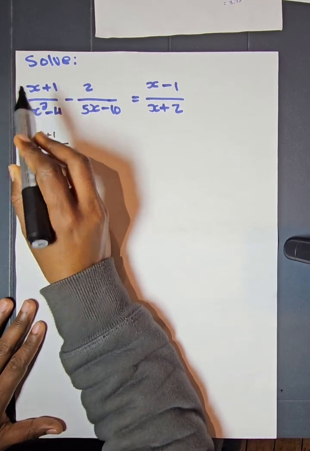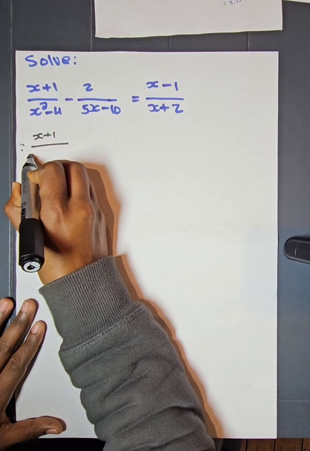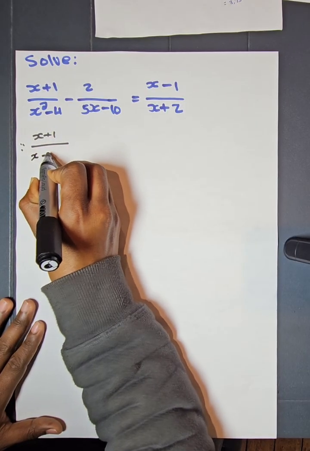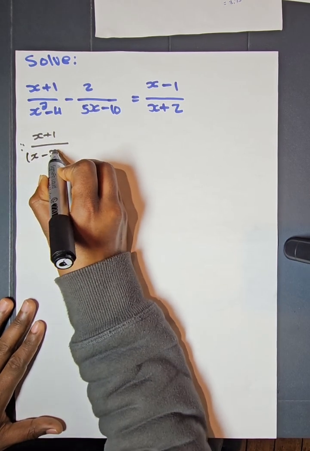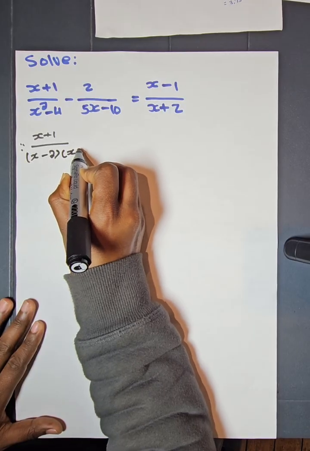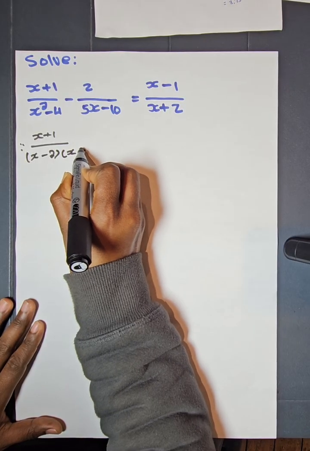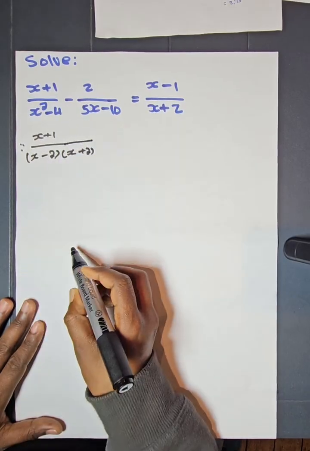I will therefore take (x + 1)/(x² − 4), which can be factorized using the difference of two squares method. Therefore, this equals (x + 1)/((x − 2)(x + 2)). Well done.